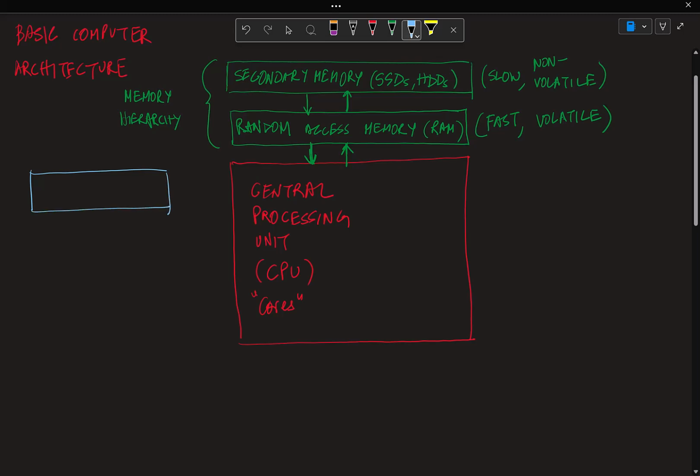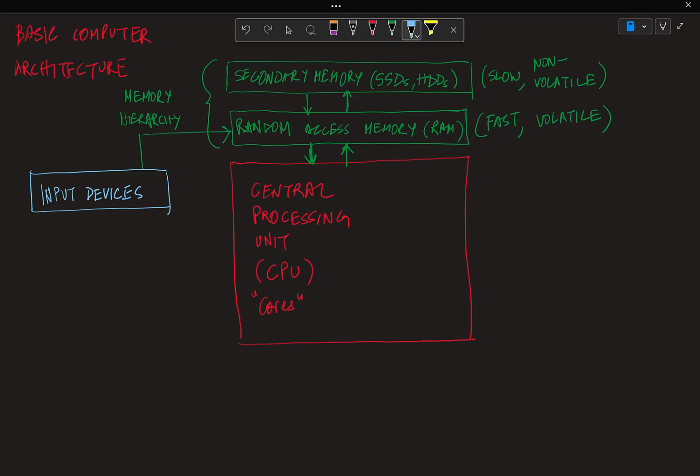And the last aspect of computer architecture is that you have input devices. So these would be things like keyboards, mice, game controllers, and so on and so forth. And data flows from input devices into RAM.